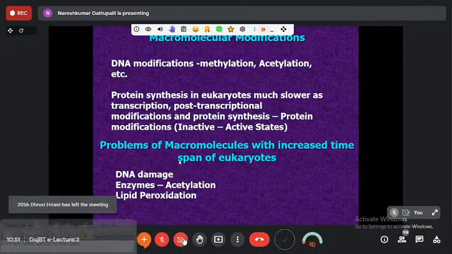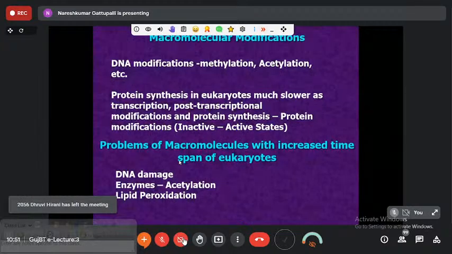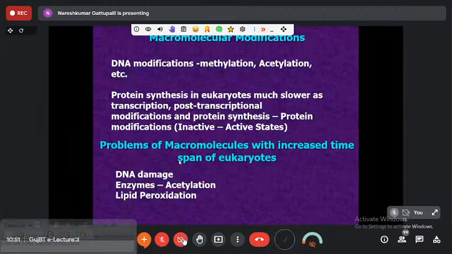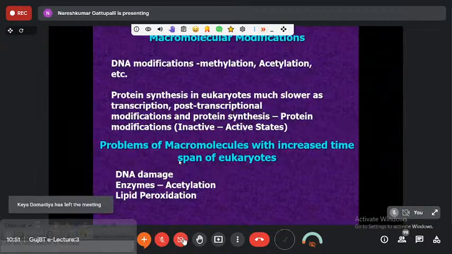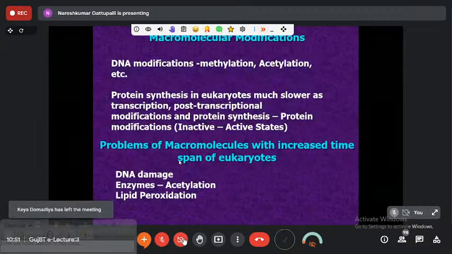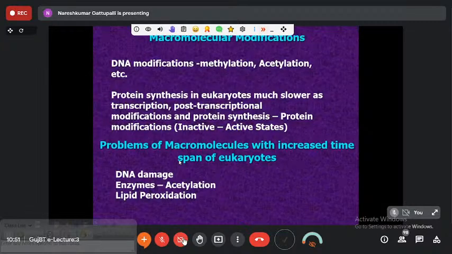These are involved in the maintenance of the structure and functional state of the genes and so forth. Then another problem is in protein synthesis, because of compartmentation. In the nucleus you have transcription, the mRNA has to be processed and go to the cytoplasm, and then it has to be made into proteins. This is a very slow process.